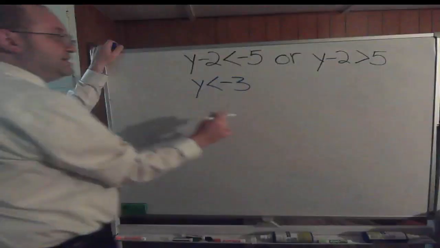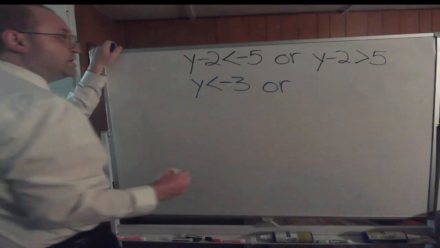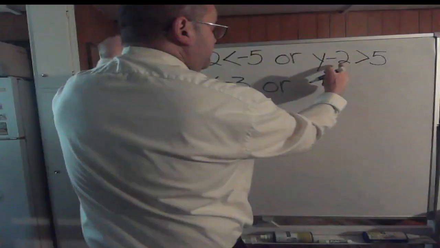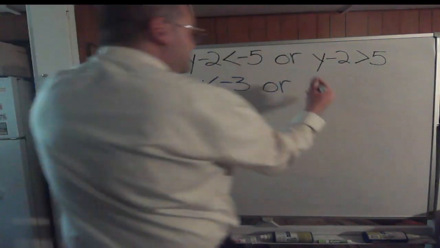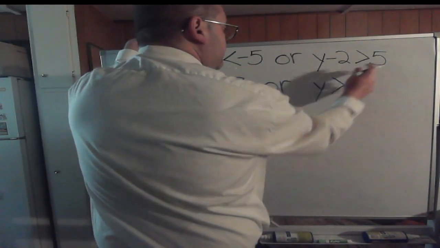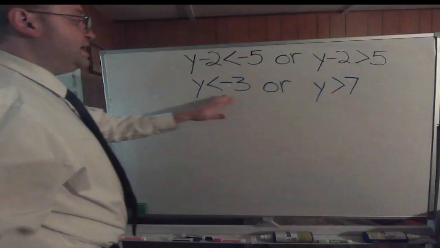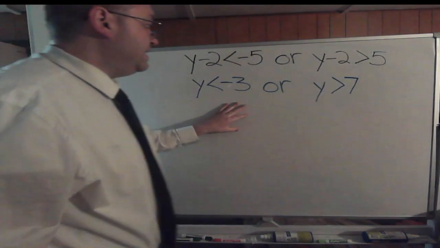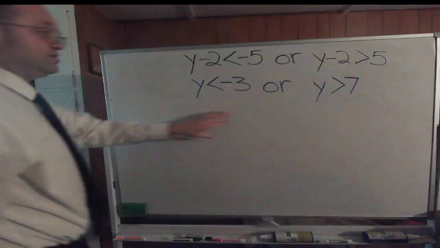So y is less than negative 3, or now you want to solve for y when you got y minus 2 is greater than 5. Well, you add 2, you'll get y is greater than 5 plus 2, which is 7. So you have y is less than negative 3, or y is greater than 7. That's your solution.